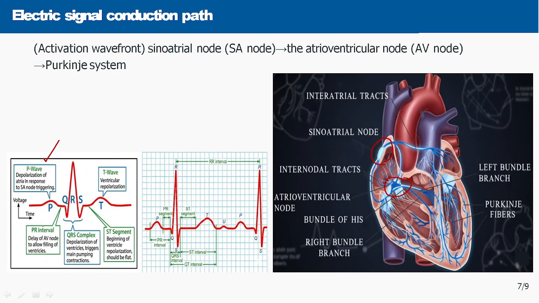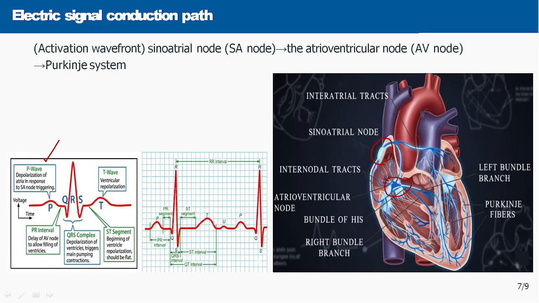After this delay, once the filling of the ventricle occurs, a QRS complex action potential is generated that depolarizes the ventricle and triggers the main pumping contraction. Once the QRS is generated, the ventricle starts contracting and the systole phase starts.